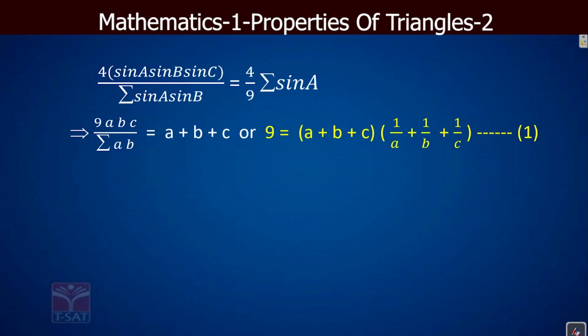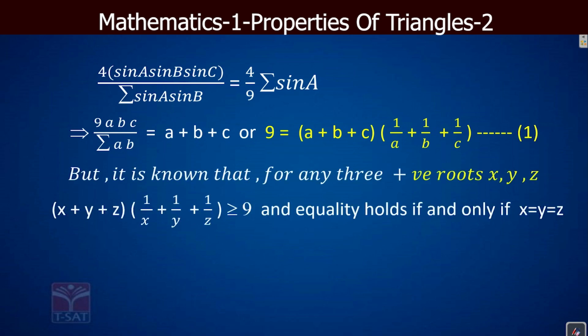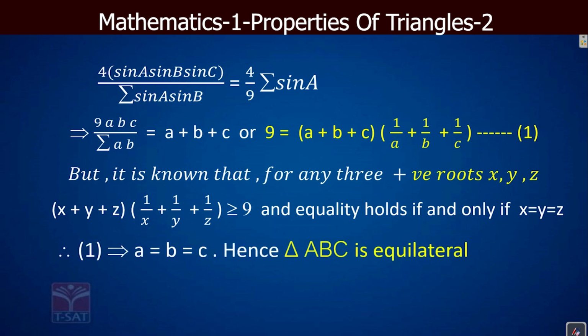Here there is a standard result among positive real numbers. For any positive reals x, y, z, (x + y + z)(1/x + 1/y + 1/z), the sum of positive numbers into the sum of their reciprocals, is always greater than or equal to the square of the number of numbers.